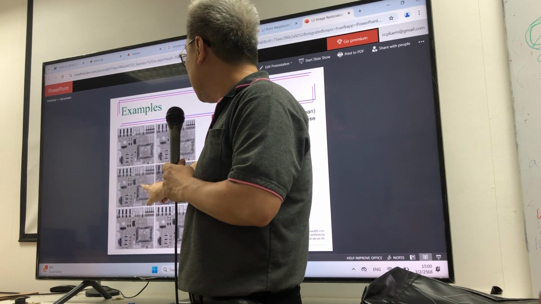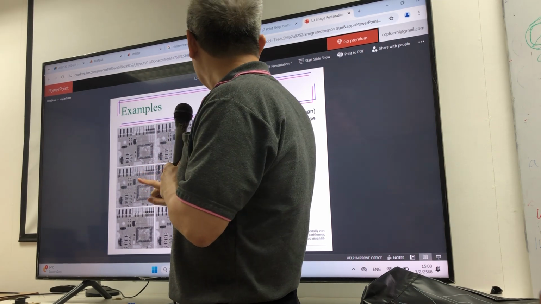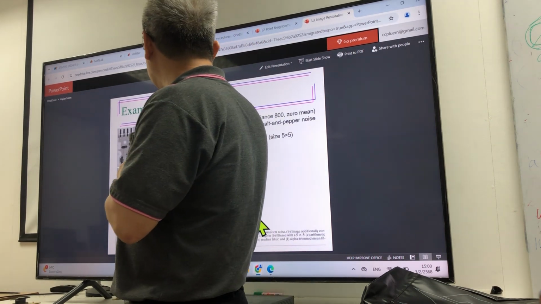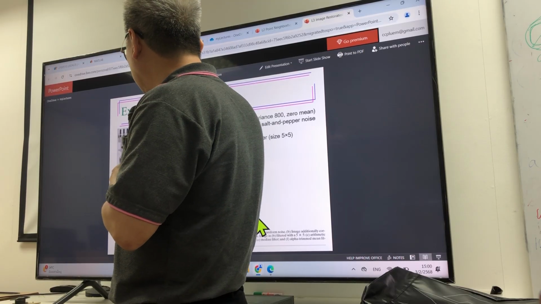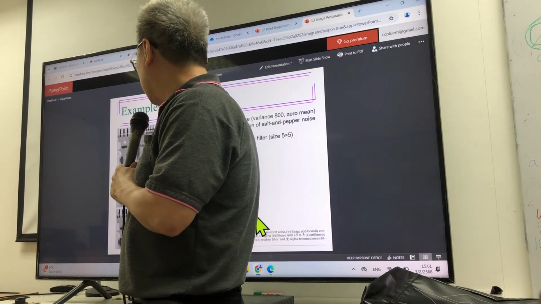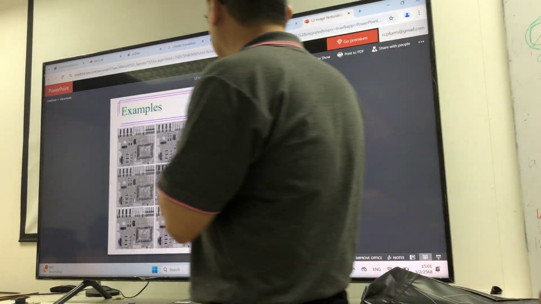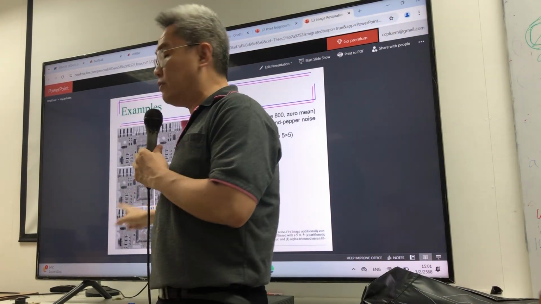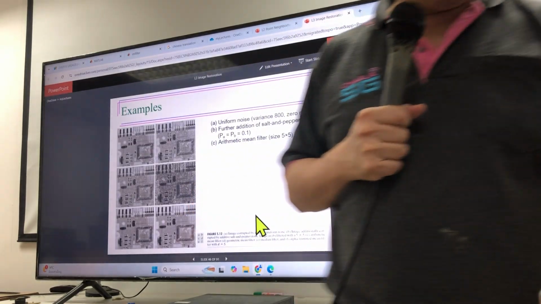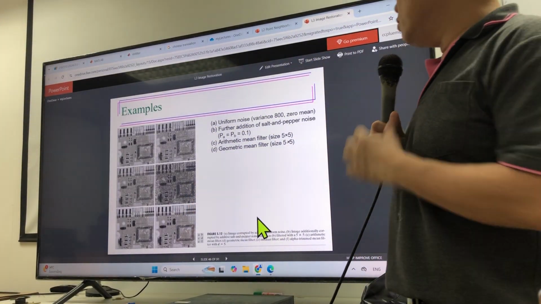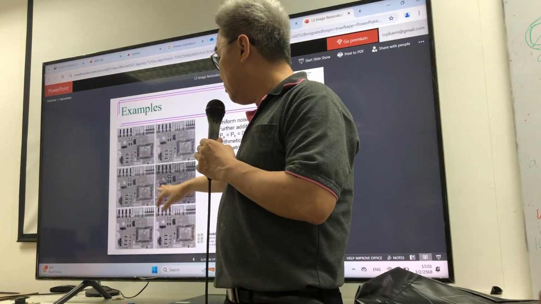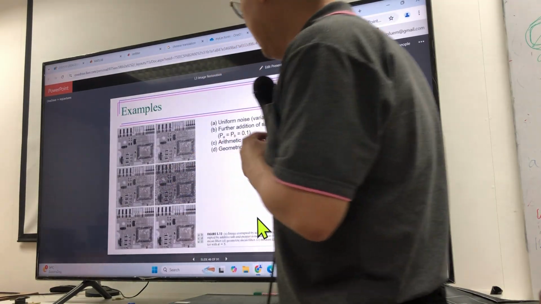You can see that with the salt and pepper noise, you cannot really get rid of it. However, if you use a geometric mean 5 by 5, it gets darker. It's not good.